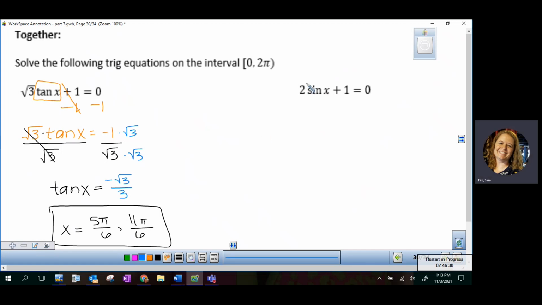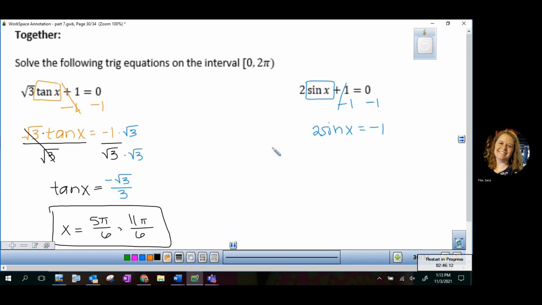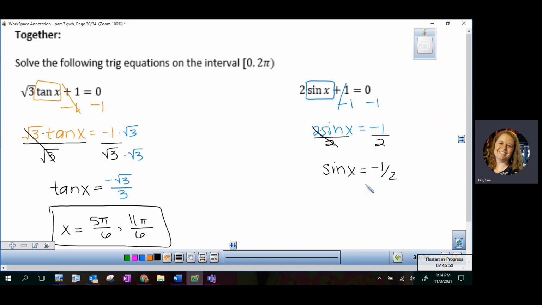What am I going to do if I want to isolate sine of x? What do I move first? The 1. So I'm going to subtract the 1 over to the other side. Now what? Get rid of the 2. It's being multiplied, so I divide. I'm asking myself at what angle on the unit circle is sine -1/2?